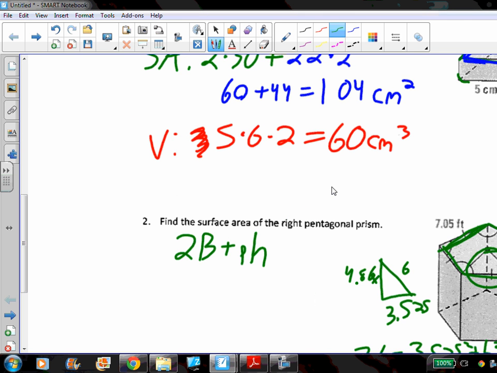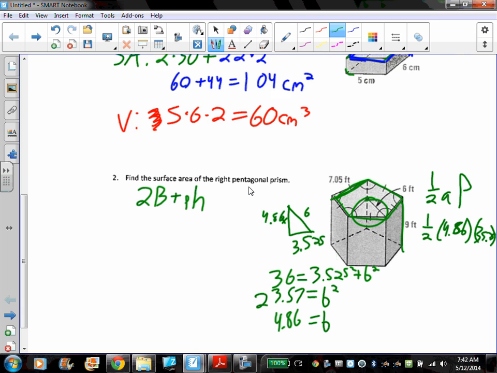So what we're going to do next is multiply those numbers together, and that would be 0.5 times 4.86 times 35.25, which gives us 85.66 feet squared.